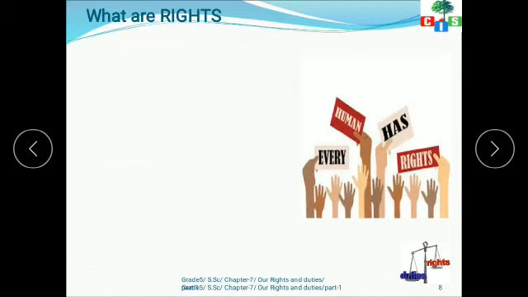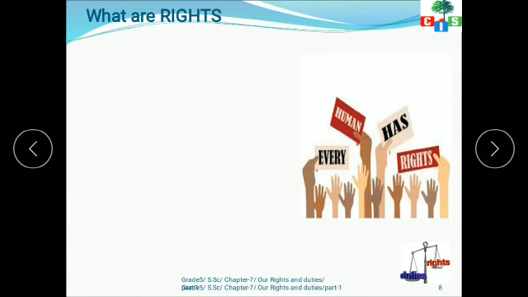Now, what are rights? This is very important, and you must know what rights are. As you can see in this picture, it is written that every human has rights. Rights means freedom. Every human has the freedom to speak, the right to take education, and the right to celebrate their culture.